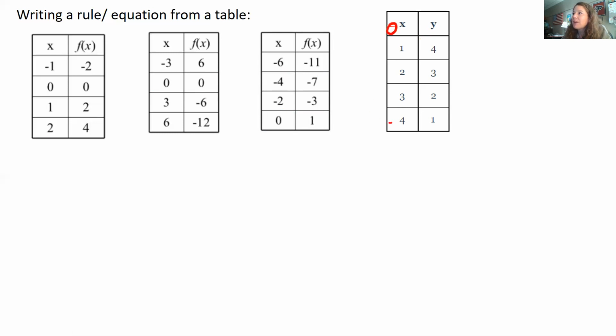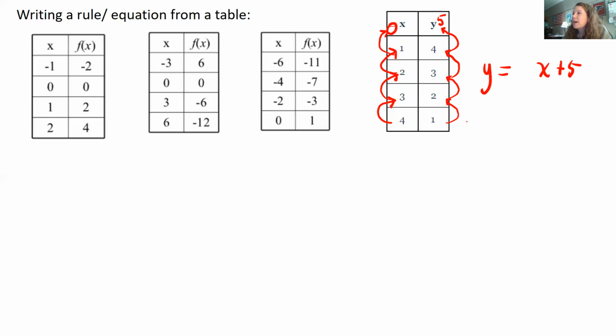So our pattern from the bottom to top is -1, -1, -1. So the next one would be right in line with my pattern. And so here from bottom to top, I'd be +1, +1, +1. So I can quickly figure out that when x is 0, y is 5. So there's my y-intercept. So y equals something x plus 5.